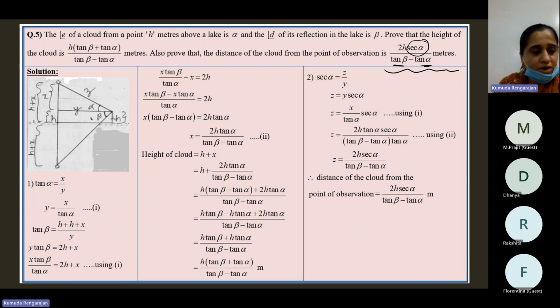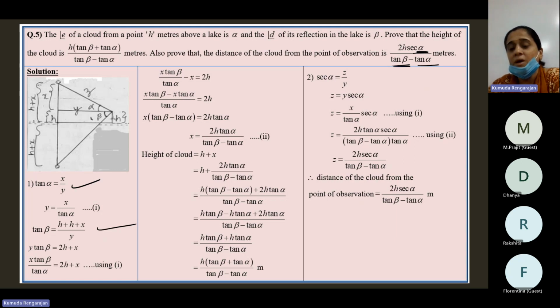We've already used tan alpha and tan beta, so you don't have to find them again. You'll get the same thing. In the second expression we have three ratios: tan alpha, tan beta, and secant alpha. What is new? Secant alpha. Write that alone.